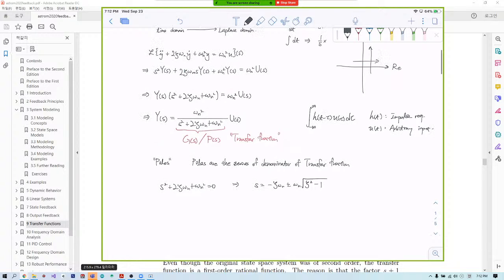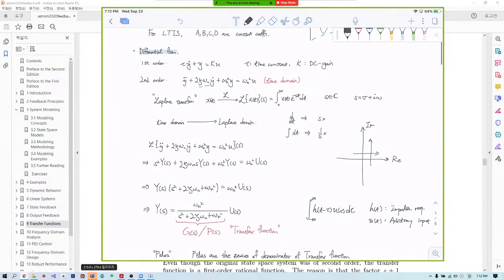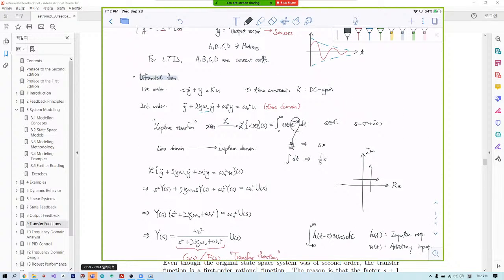So as I mentioned before, for a value of zeta that lies between 0 and 1, we're going to have something negative in this square root, which means s will become complex, sigma plus i omega. And this i term has the physical implication of oscillation. Because what we did back here is that we multiplied things by e to the negative st, and what does e to something imaginary imply?